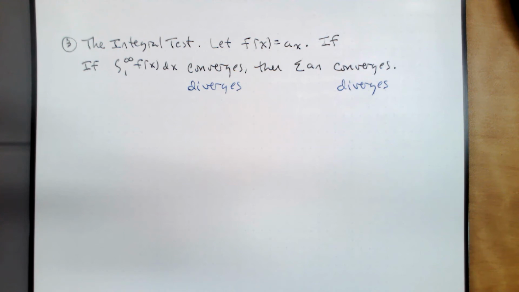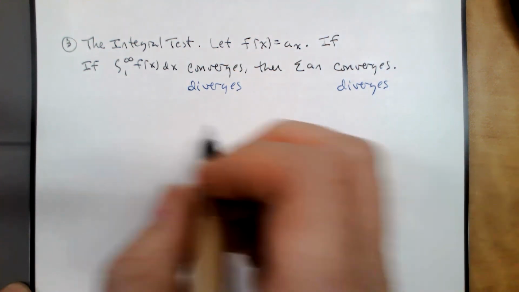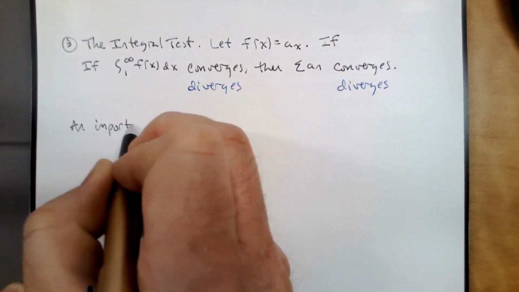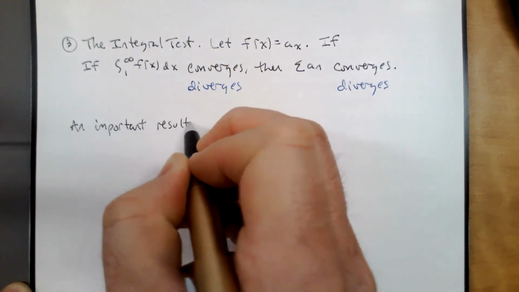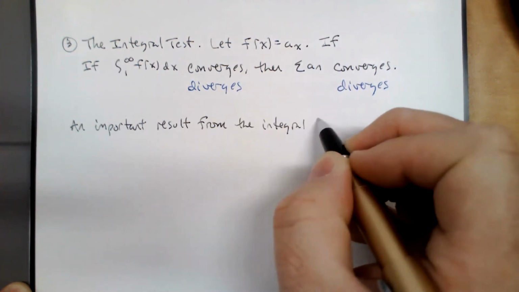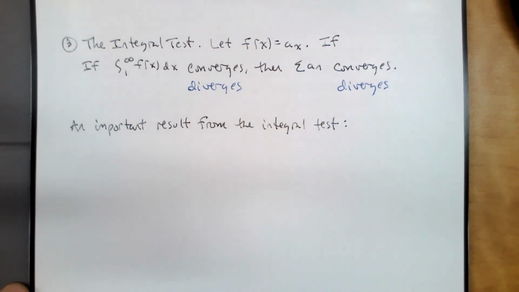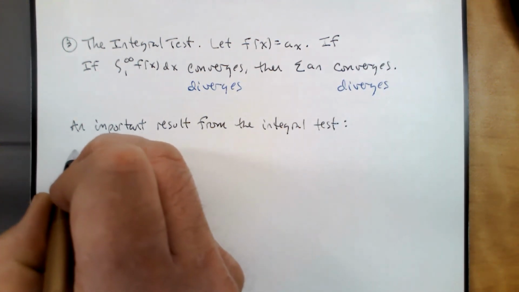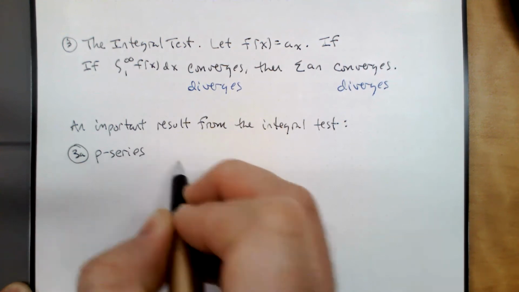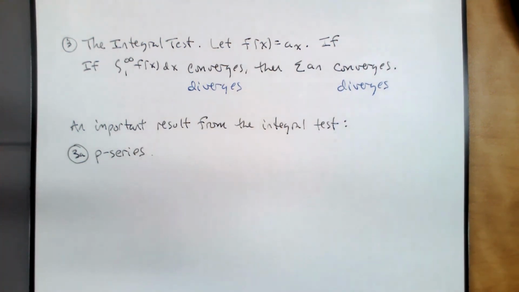We get an important result from the integral test. An important result from the integral test is we get p-series.